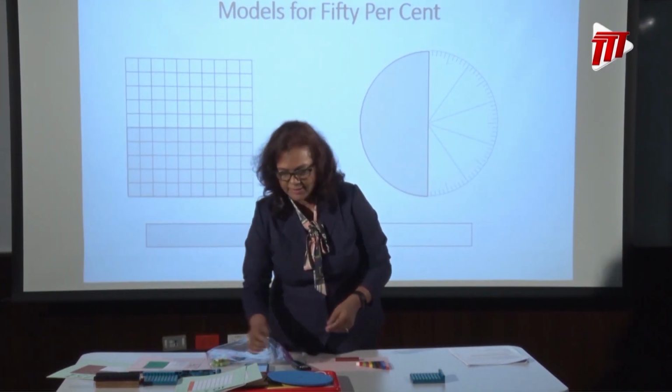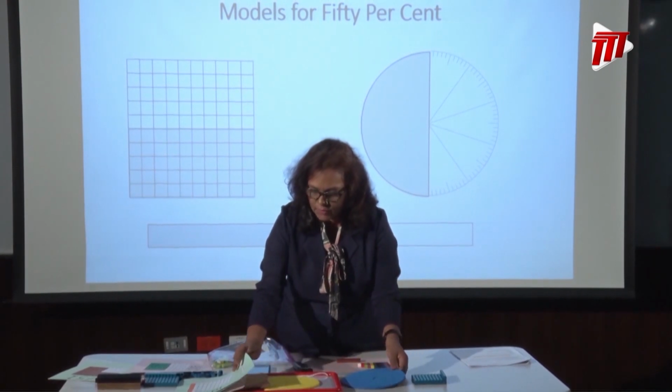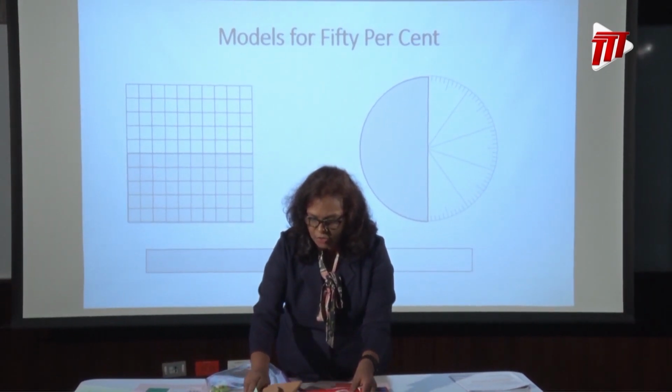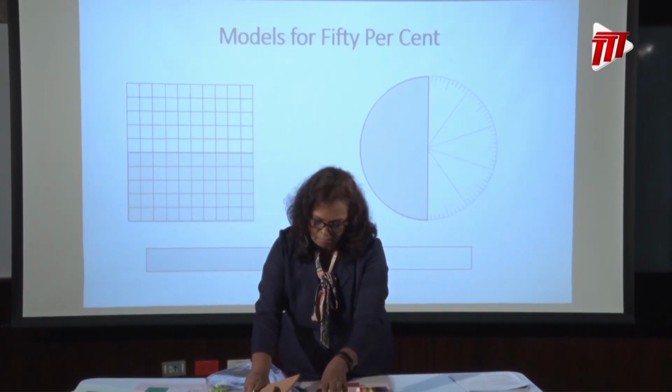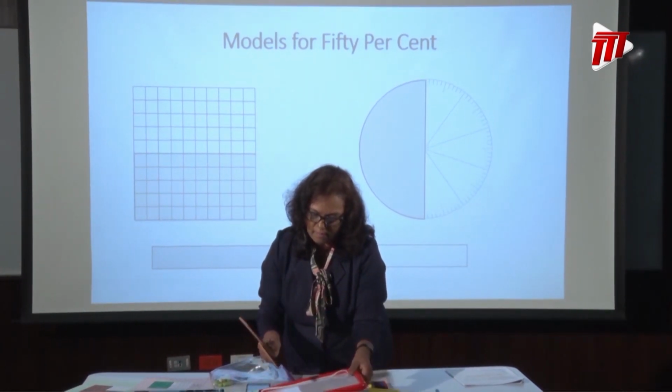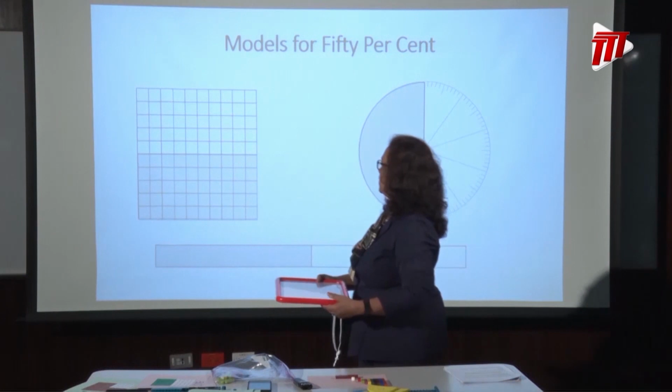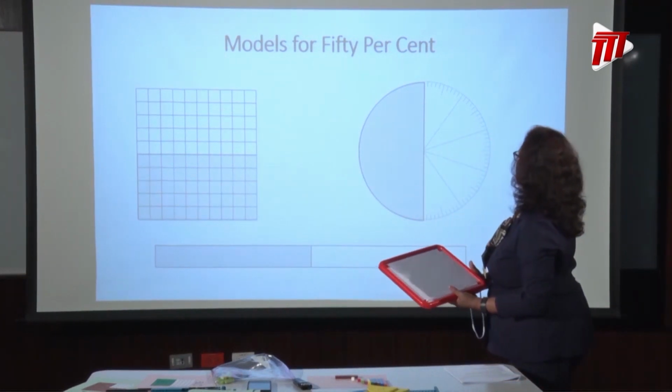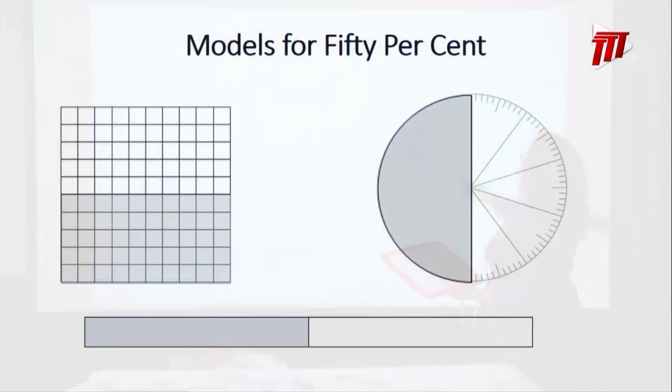We can also represent 50% using a 100 disc. So here you are seeing a 100 disc. This is a disc that is divided into 100 equal parts.